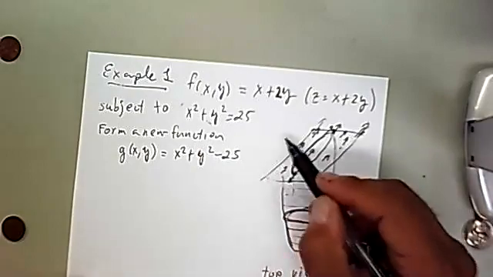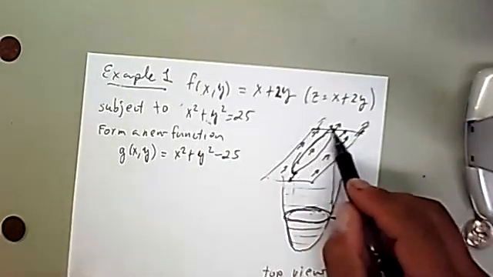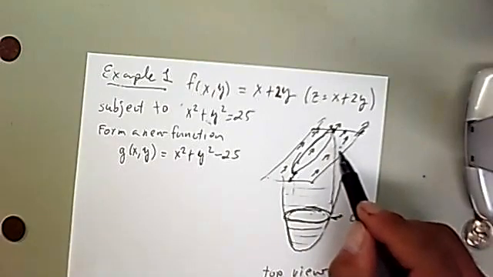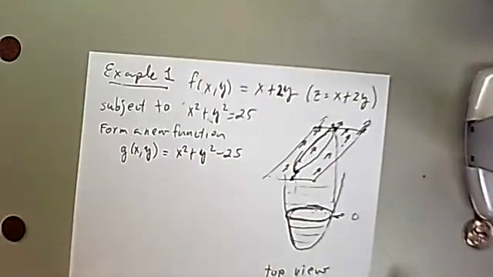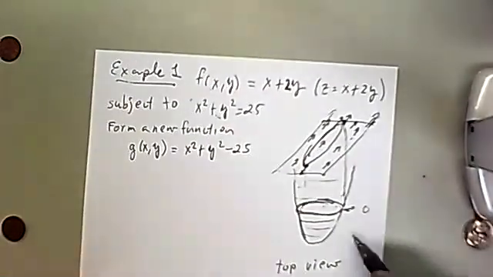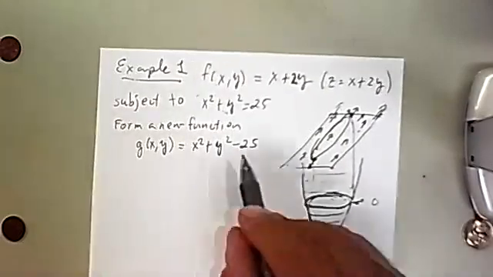But that is not necessarily the case. I don't want to elaborate too much on that, because in practice, all we have to do is plug in numbers, and then it is going to be clear which one is the maximum and which one is the minimum. Anyway, so this is the idea.